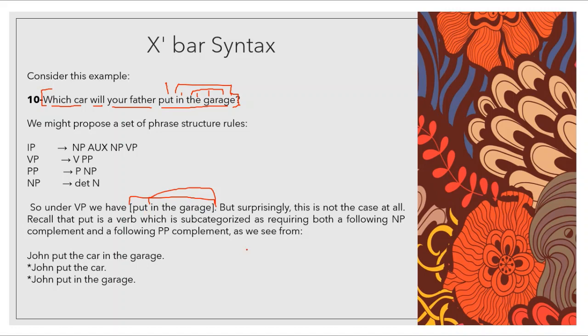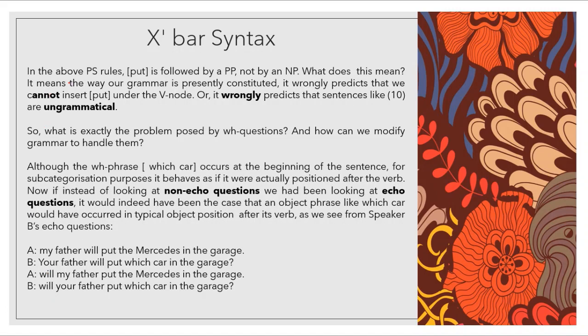So as we see from John put the car in the garage, we cannot say John put the car or John put in the garage. So it needs to be the NP followed by the PP, but in this sentence we have only the PP. How? In the above PS rules, put is followed by a PP, not by an NP.